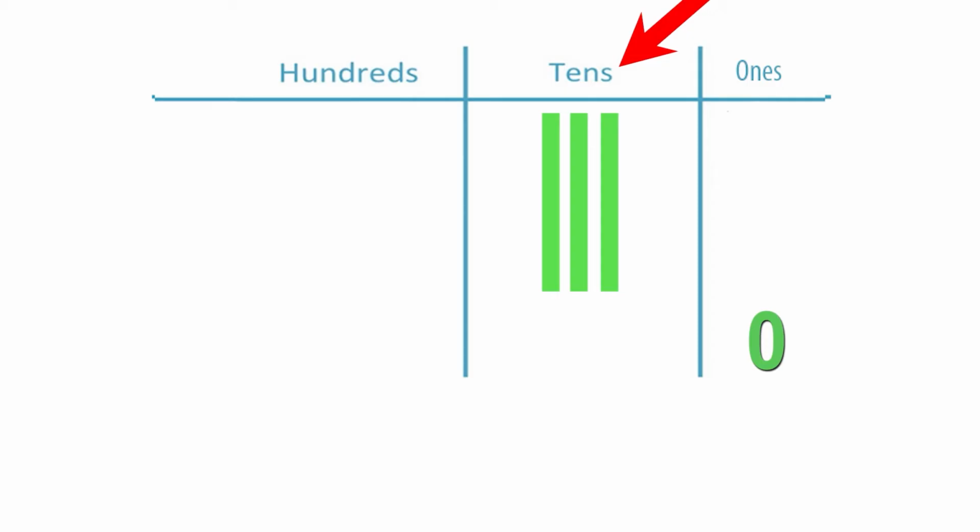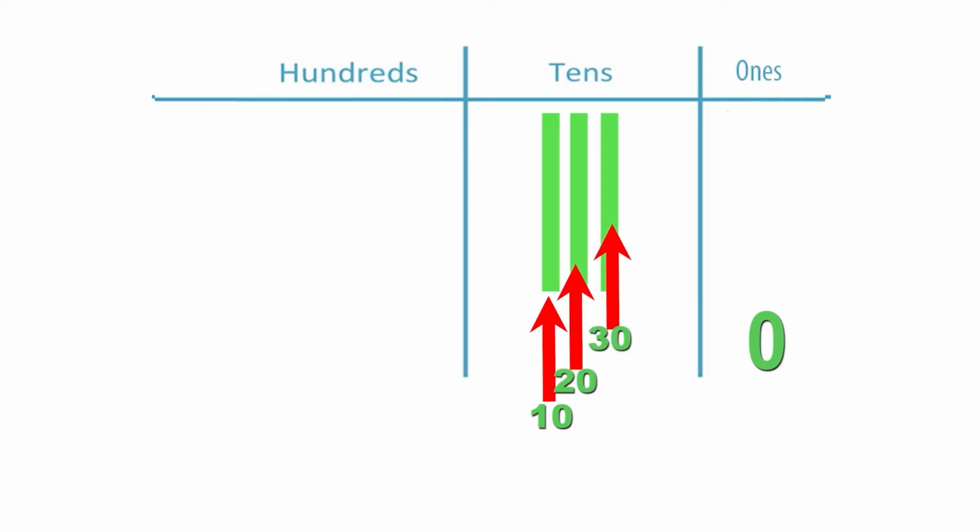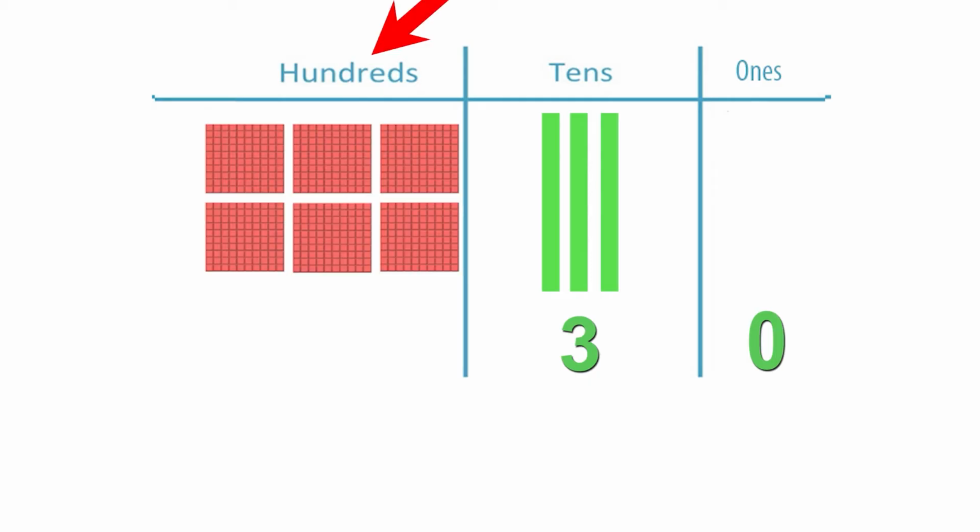One rod means 10. So 10, 20, 30. The number 30 is represented by 3 tens. 3 tens means 30.